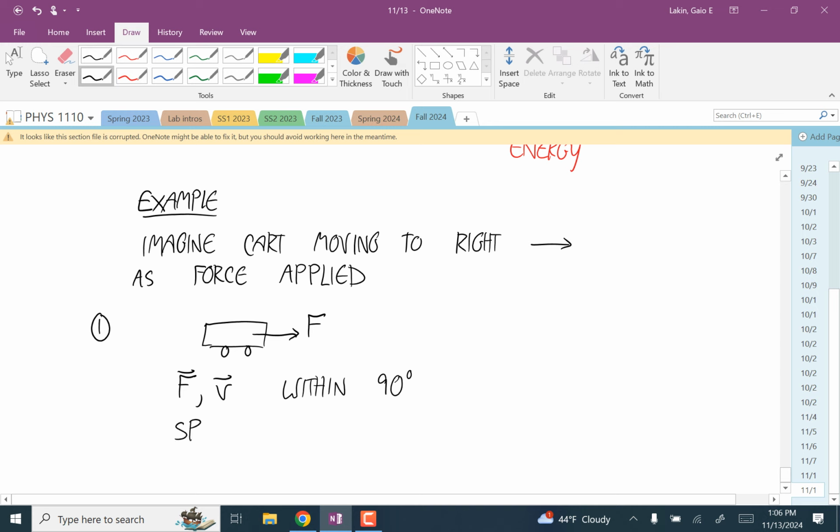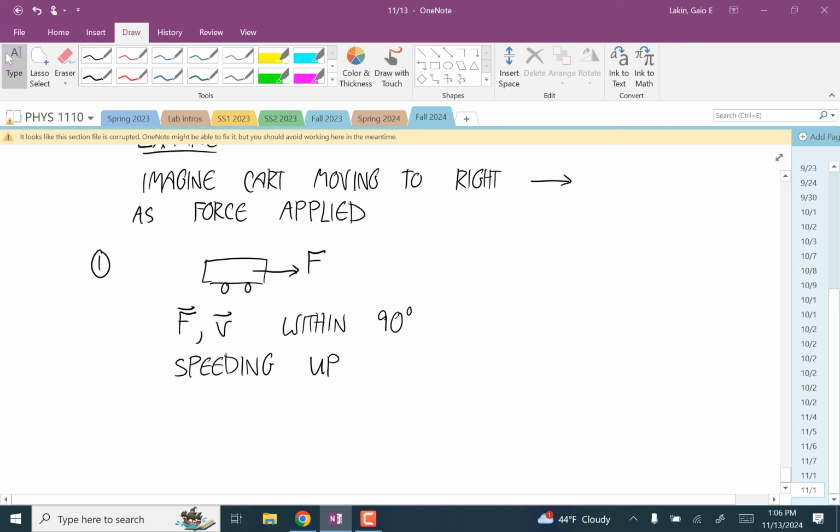And so this cart would be speeding up, meaning its energy increases.